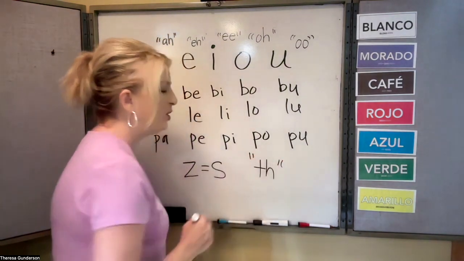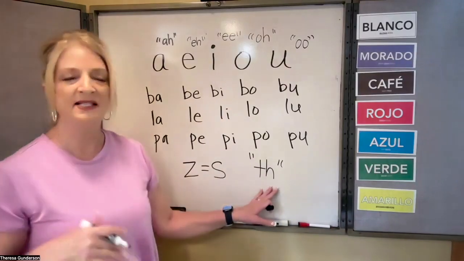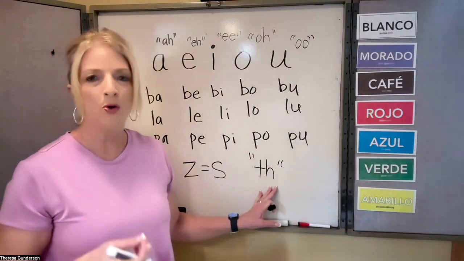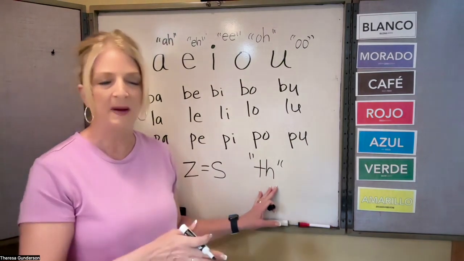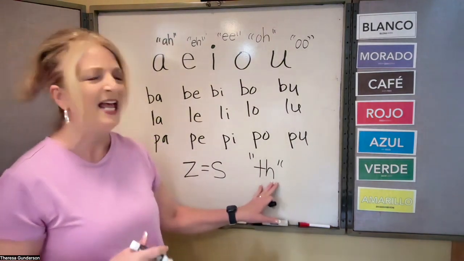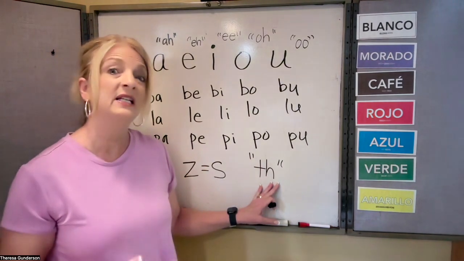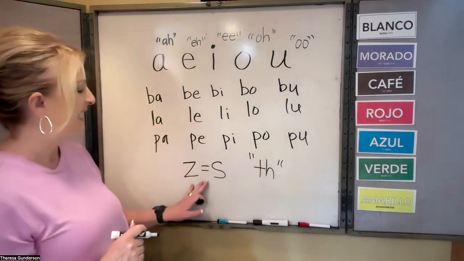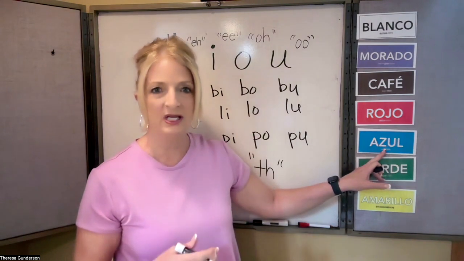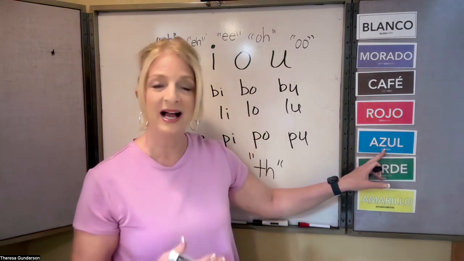But I usually don't teach that because it just seems like more people in the United States travel to Mexico or South America. Certainly they go to Spain, but it's a little easier just to learn the S because the TH is a little bit different. It almost sounds like we're lisping. But anyways, the Z is like an S. So you would never say azul with an English Z, you would say azul with an S.